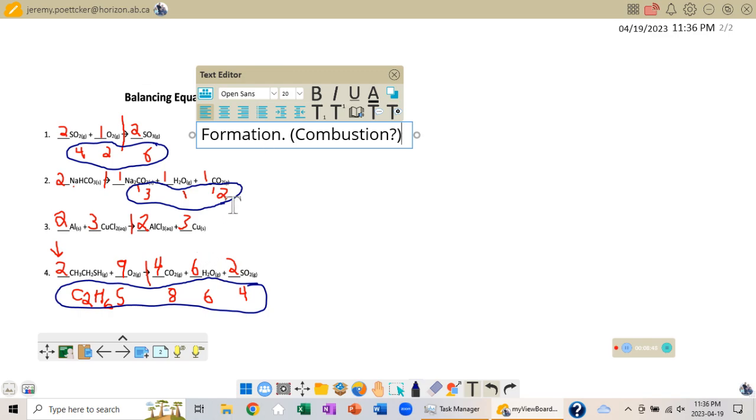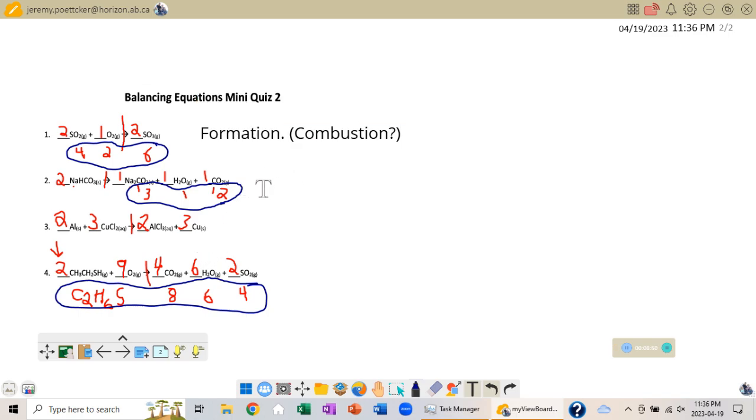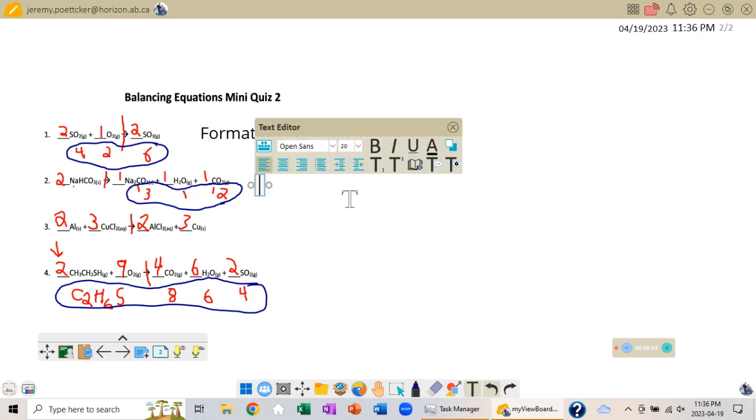All right, let's move to the next one. I start with 1 thing, and it turns into 3. And what this tells me is that this is some kind of, it's not simple decomposition, but it is some kind of a decomposition reaction. In fact, this is what happens when you put baking soda into cookies, and then you put the cookies into the oven.